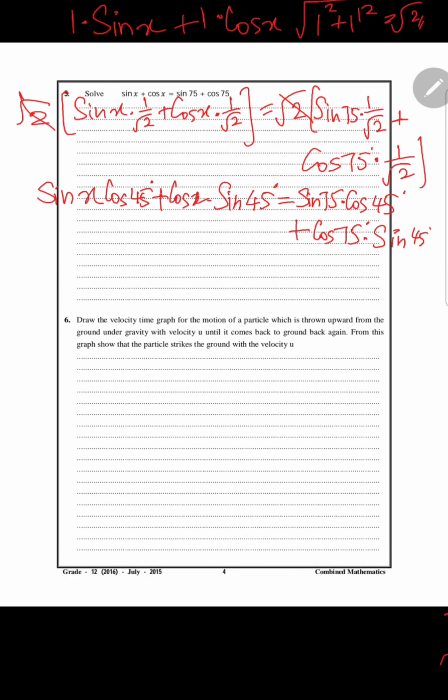For LHS, it is x plus 45. For RHS, it is sin 75 plus 45.